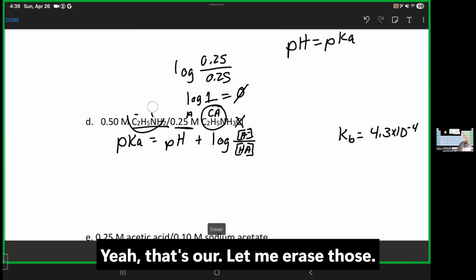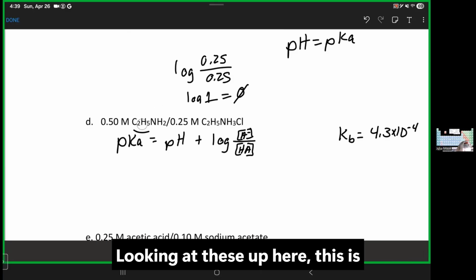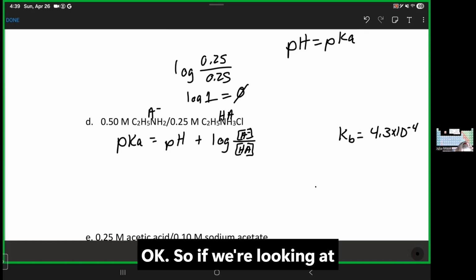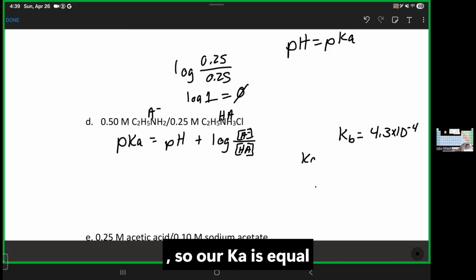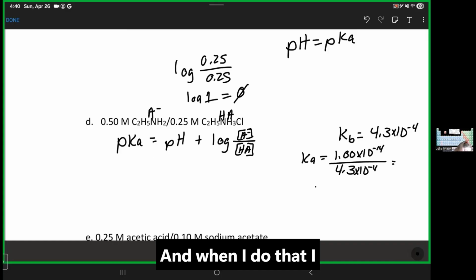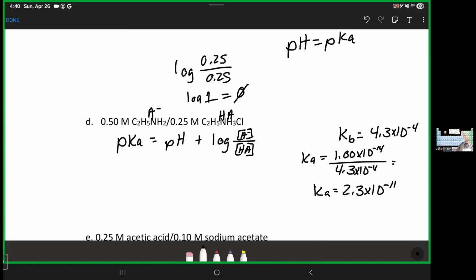Looking at these up here, this is our HA, and that's our A minus. Okay, so if we're looking at it as that, we need a Ka. So our Ka is equal to Kw divided by Kb. And when I do that, I get 2.3 times 10 to the negative 11, and that's my Ka.